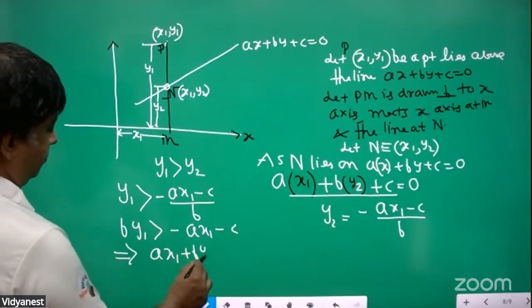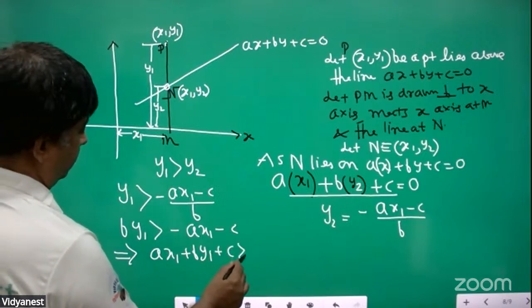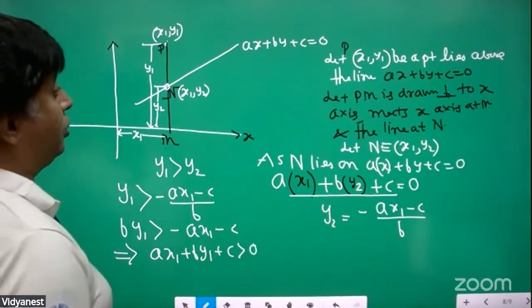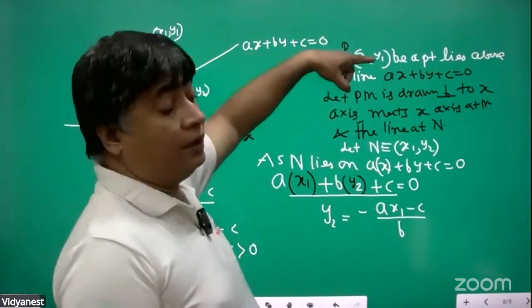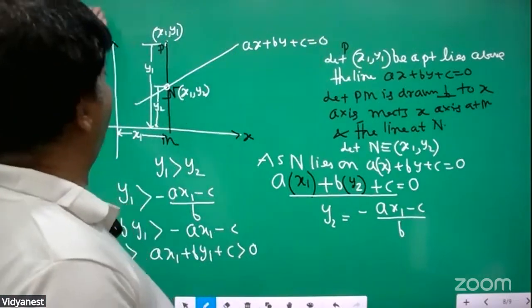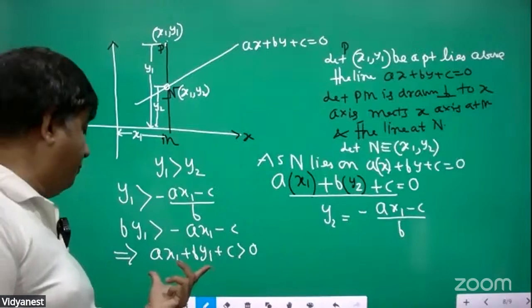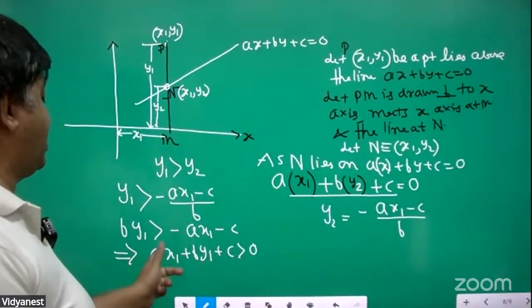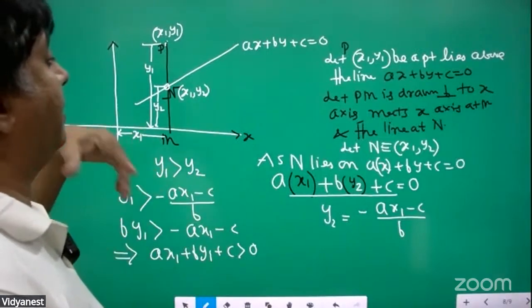So what you had let first, that the point P lies above the line, and what you have got here, x1 + by1 + c > 0.